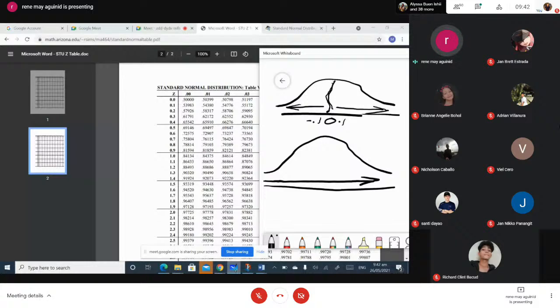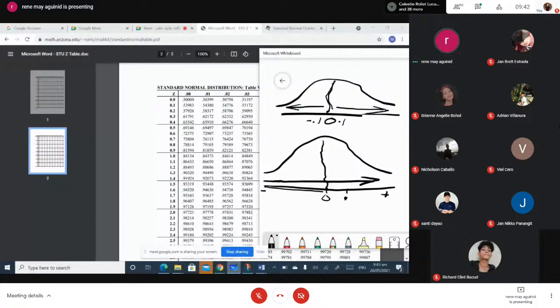This table is good from left to right. The values start from the negative to the positive part. Since we are looking for the 1, the value of 1 here has already passed half of our normal curve.